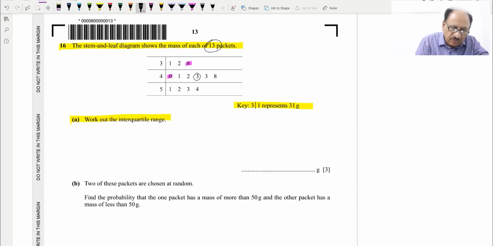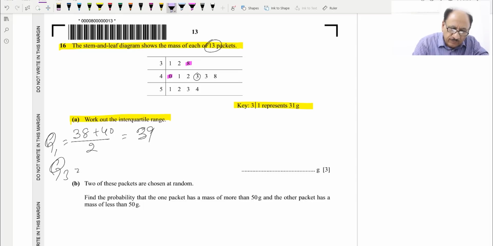If we write this, 3 and 8 make 38, and 4 and 0 make 40, divided by 2, this will be our Q1, and this will be equal to 39.